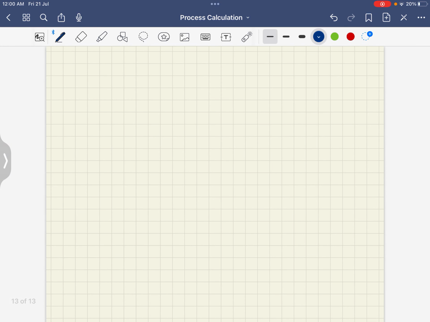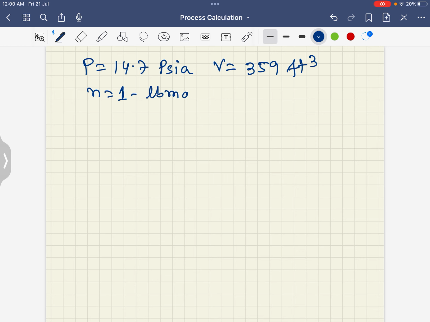Now another we can calculate here. Now we are taking P is equal to 14.7 psia, V is equal to 359 feet cube, N is equal to 1 pound mole, and T is equal to 492 Rankine. If we take that value, R will be PV by NT.